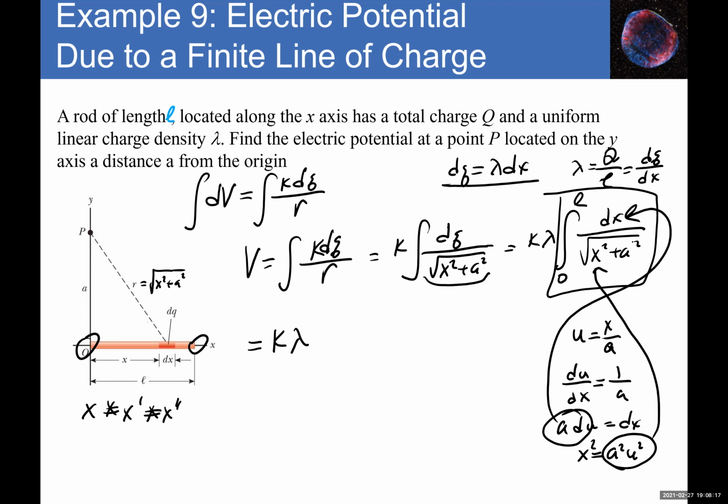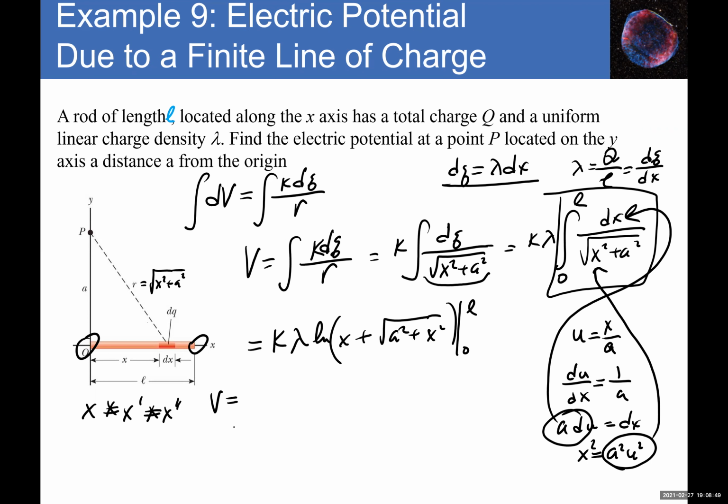Then from that, we do a trig substitution, where u is substituted with the tangent of some other variable. Anyway, I imagine if you really want to, you should be able to do that, but you can also refer to one of those integral tables and find that equation. This equation will give you ln of x plus square root of a squared plus x squared, going from 0 to L.